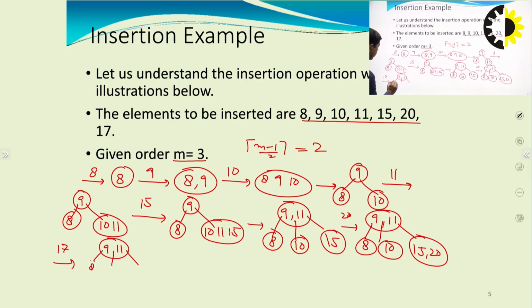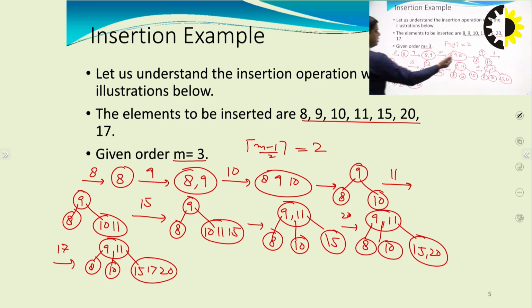This is 8, 10, 15, 17, 20. But again at this node the condition is violated, because a maximum of 2 values are allowed according to the given order. Now again we will split this node, and the mid value will move to the root. But again there will be 3 values, and the condition will be violated here also.